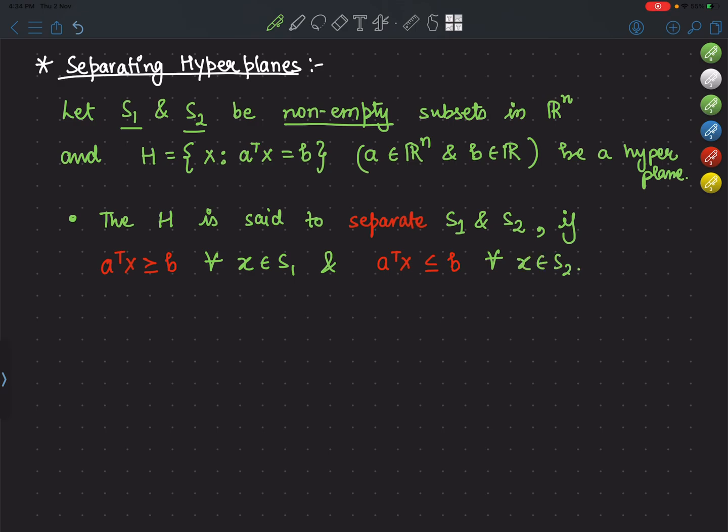So basically, this means that all the points of S1 should lie on one side of the plane, and all the points in S2 should lie on the other half of the plane. So this is what separation means.